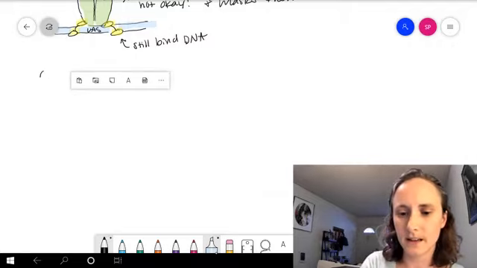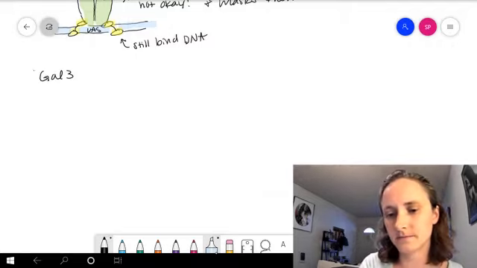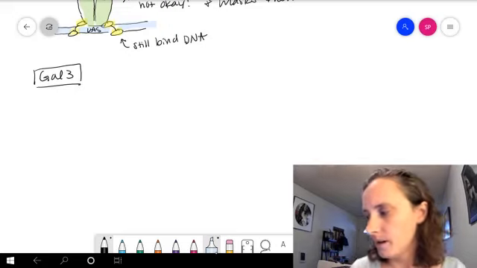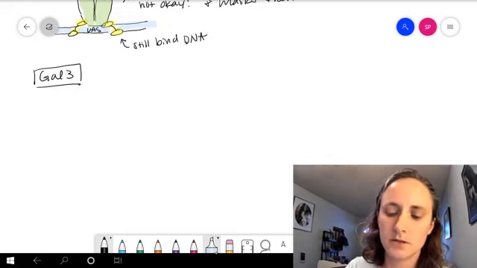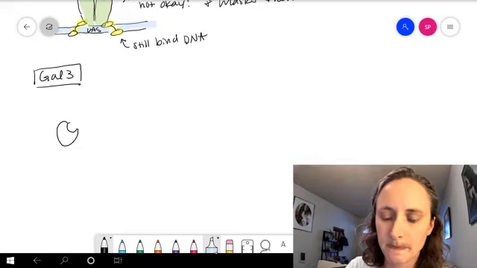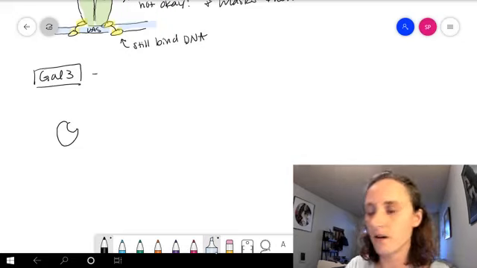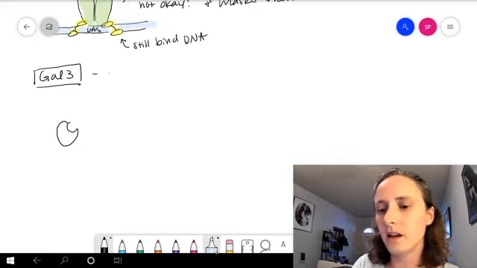And hence comes Gal3. So Gal3, we'll draw as this little guy, is a binder of galactose and Gal80.